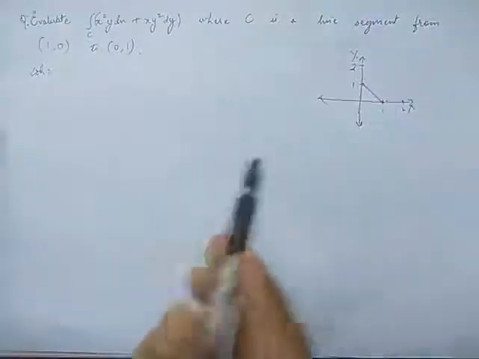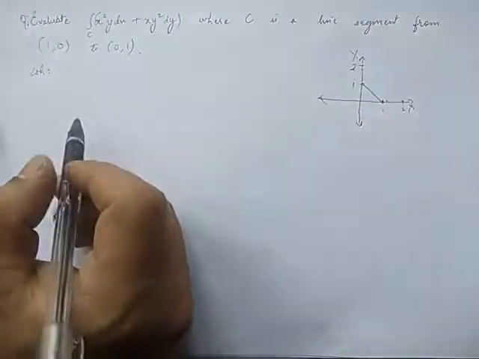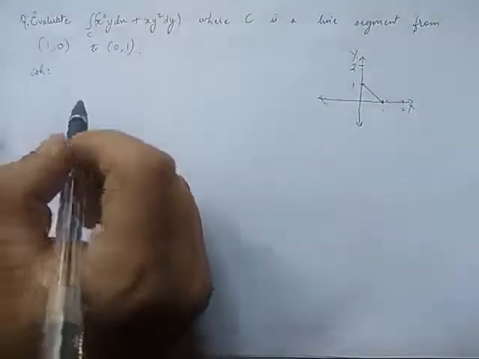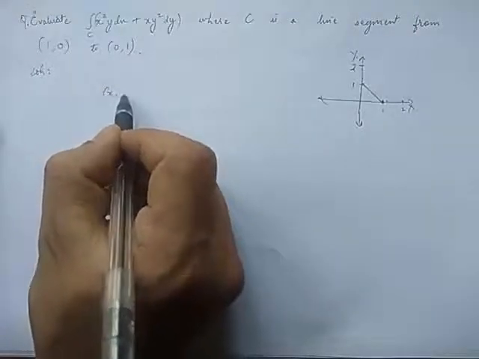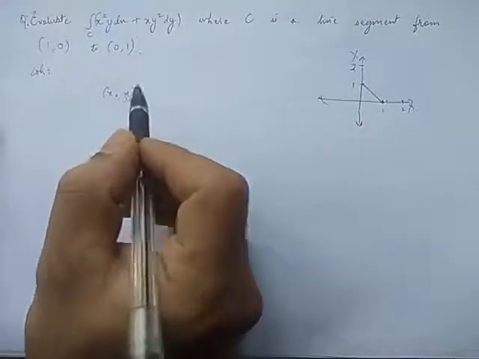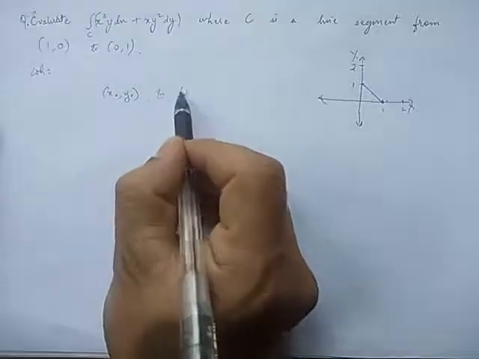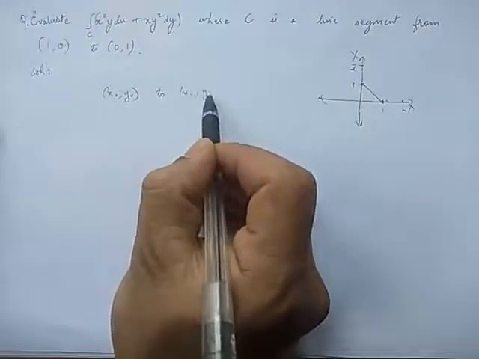So a straight line can be parameterized as follows. Suppose (x0, y0) is the point and (x1, y1) is the other point.